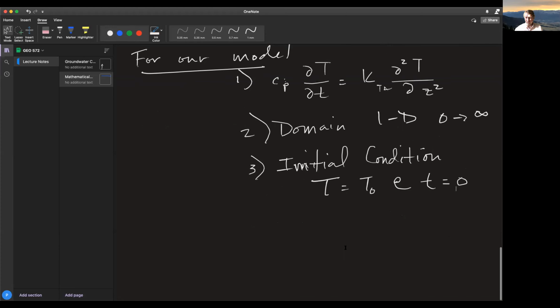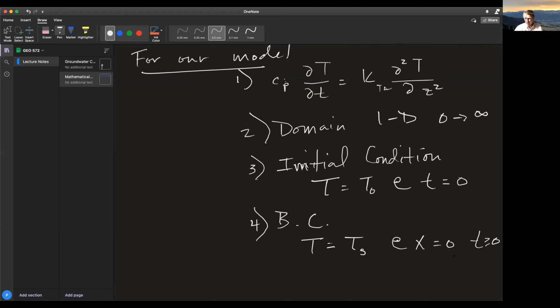Boundary conditions: we have two boundary conditions. That is T is equal to T surface at x equal to 0, for t greater than or equal to 0.